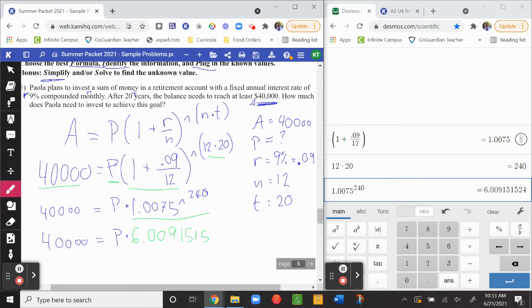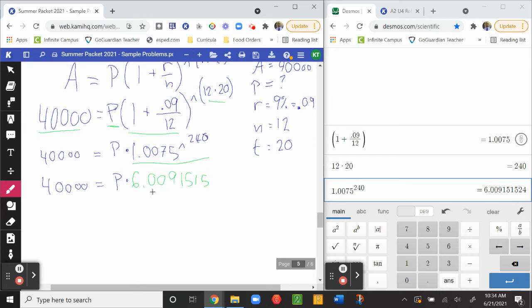Any other simplifying that I can do? There are no other groups that are just numbers and operations. The next group over here is a variable and a number, and again, we just have a number all alone. Time to start solving. So I need to look at my different strategies for solving for P, getting that P all alone. I might think about rewriting, and I might think about canceling.